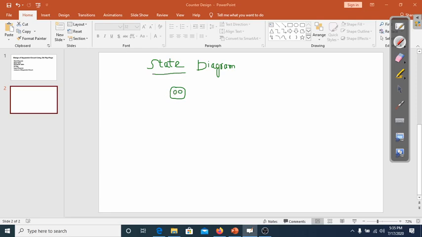This is the state diagram. The state diagram is comprised of input. If the input of the sequential circuit is 0, then the present state would be the next state. For when the input is 1, the next state is 0 1.